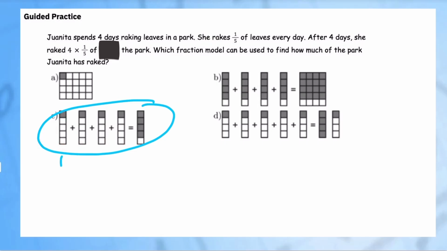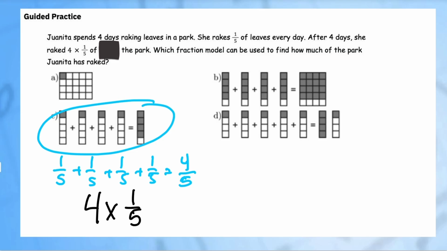So I can see the 1/5 plus the 1/5 plus the 1/5 plus the 1/5 is equal to 4/5. And again, I can re-represent that as 4 groups of 1/5, which when we multiply it, we would get 4/5, because this is going to have a little 1 as our denominator.